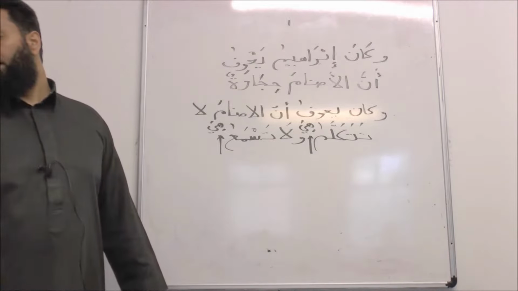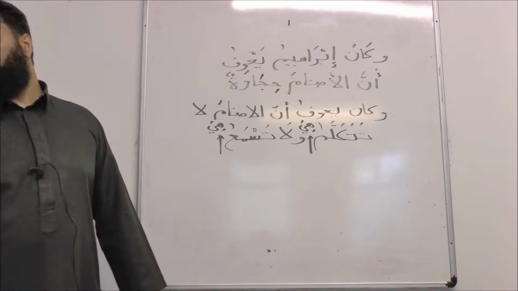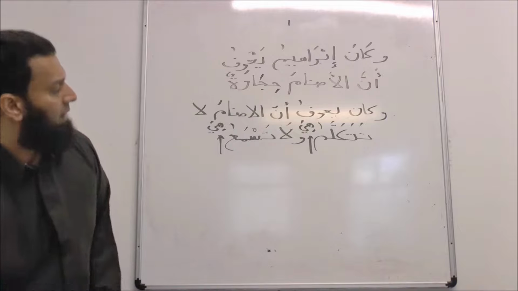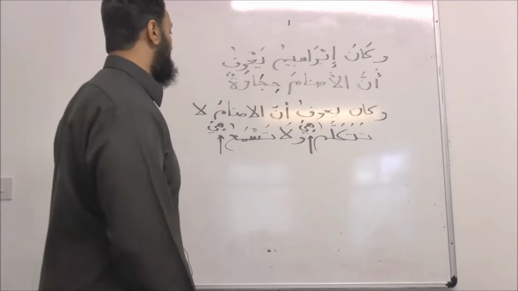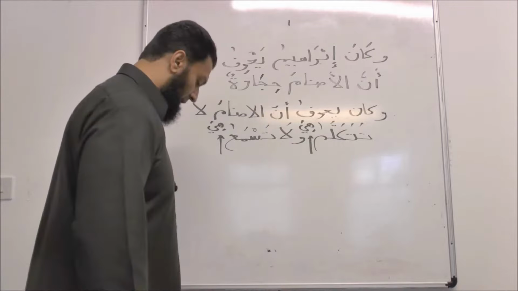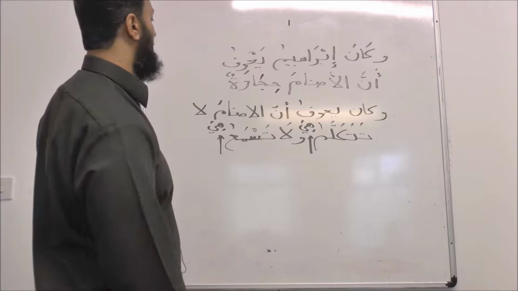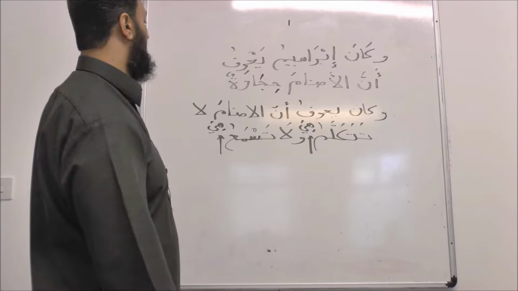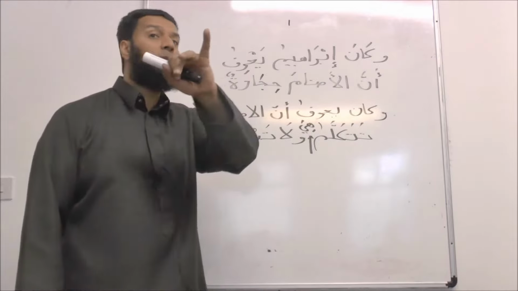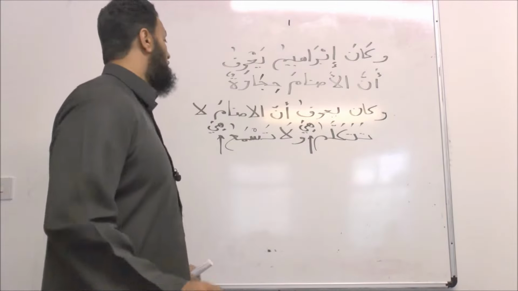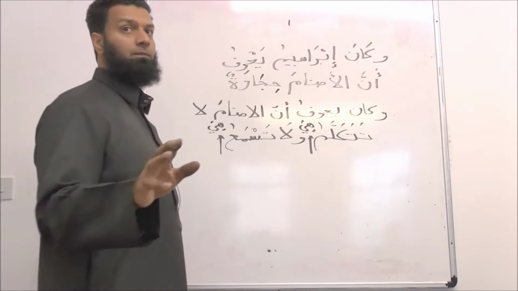The next portion is just the other point that I wanted to make here. We mentioned this before, but it's important to remember that here we have an example of an inanimate object which is plural being referred to as singular female, which is the norm.